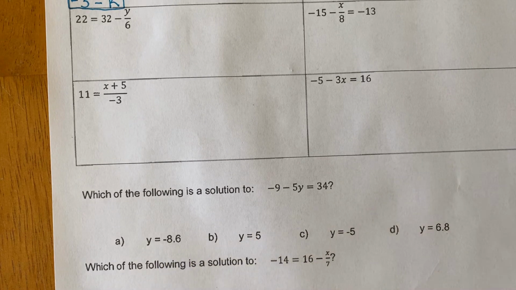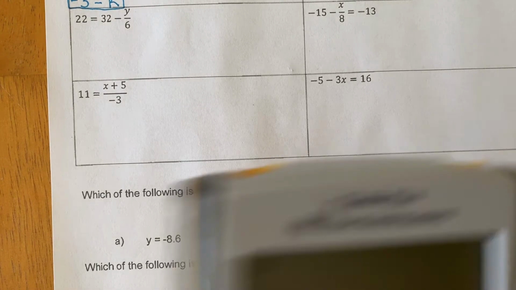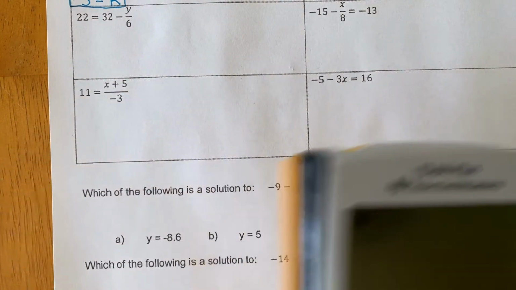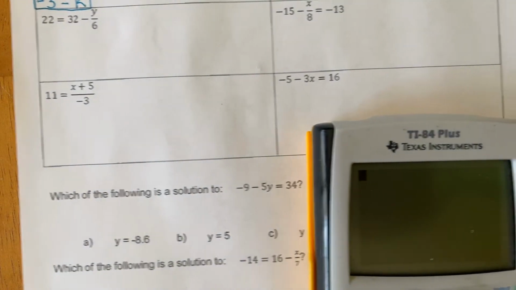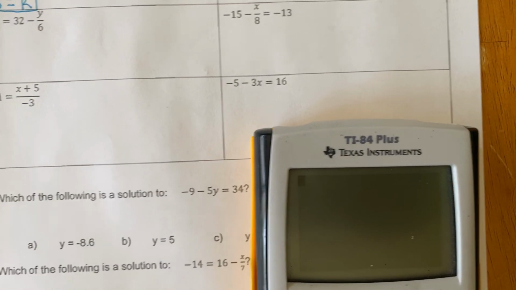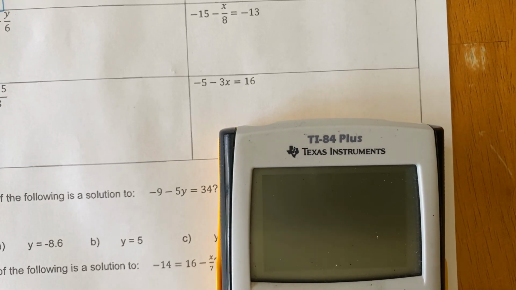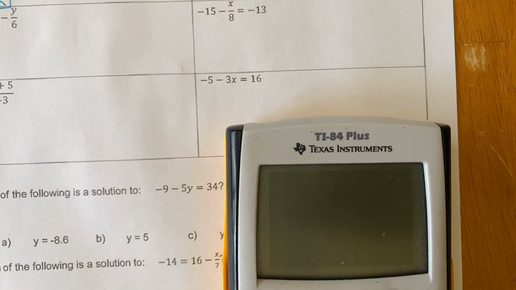And so if I'm showing you how to do that, let's say I wanted to use a calculator to do that, which you may use. So I'm going to grab my calculator here. It's a graphing calculator, but you don't need to have a graphing calculator. You can just have any old calculator you want, or use the app on your phone.